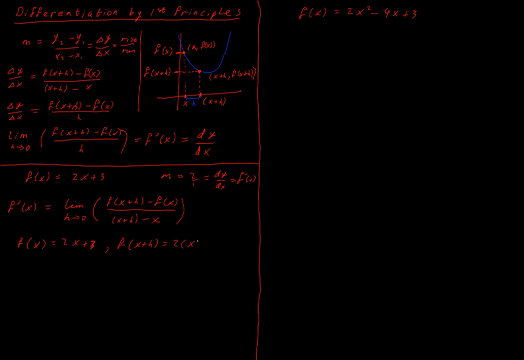is equal to 2 on x plus h. Anywhere there was an x, you sub in x plus h and simplify it down a little bit, and we get 2x plus 2h plus 3. And the bottom line we know is going to simplify to h.